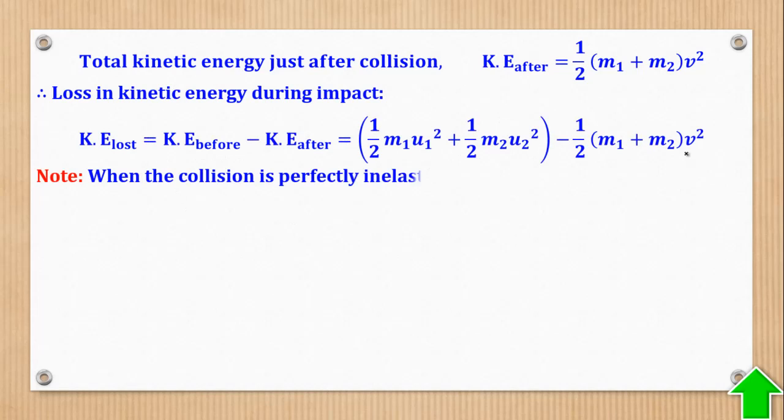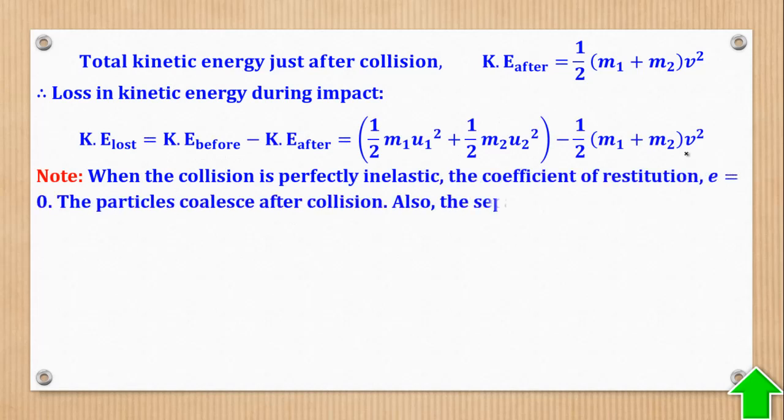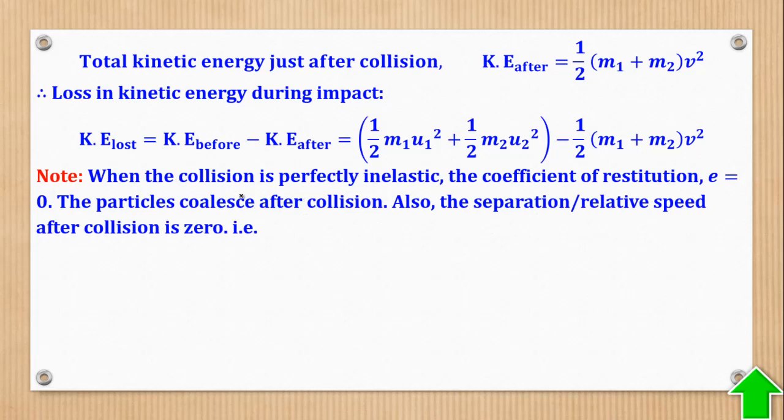So basically, those are the two questions they ask: questions involving conservation of linear momentum and questions involving kinetic energy. So for a perfectly inelastic collision, coefficient of restitution is 0, and the particles coalesce.